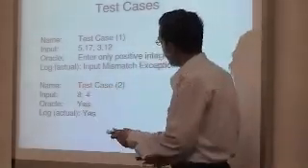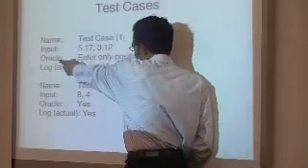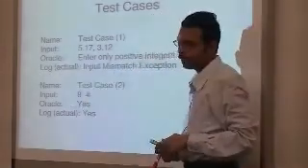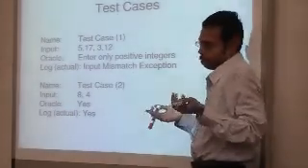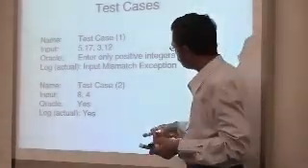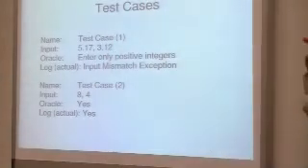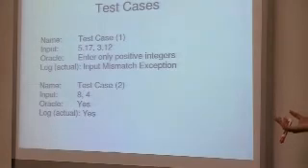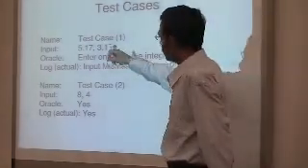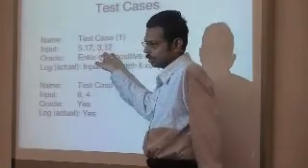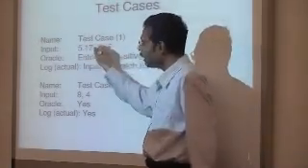So if you notice here, I have 2 more things, oracle and log actual. Oracle means what? Prediction. Okay? So given just a specification, the specification of the program is what? Accept 2 integers, tell whether the first is greater than the second or not, right? Given that, you would expect that the program will catch that the user has not entered integer values.